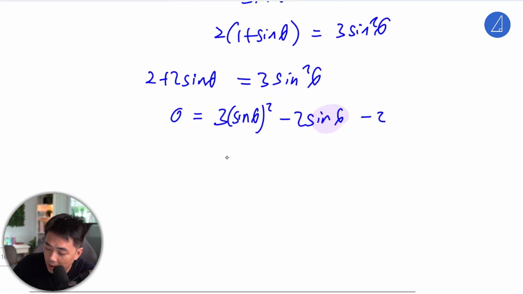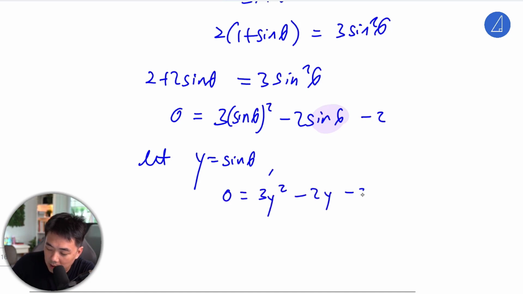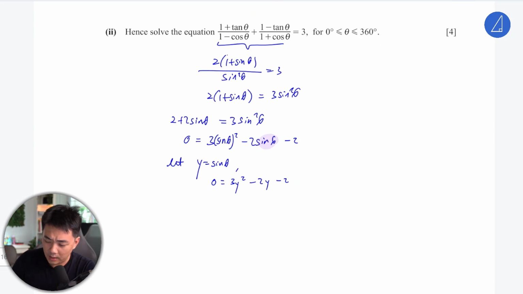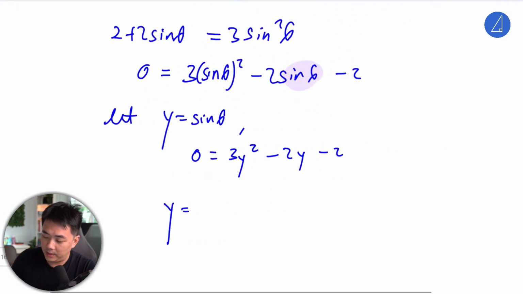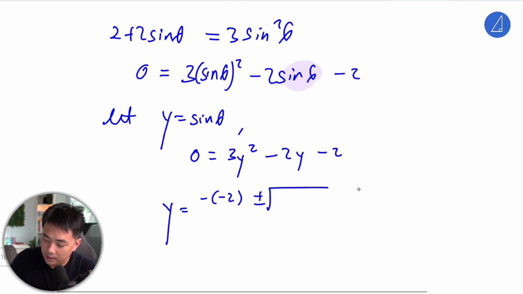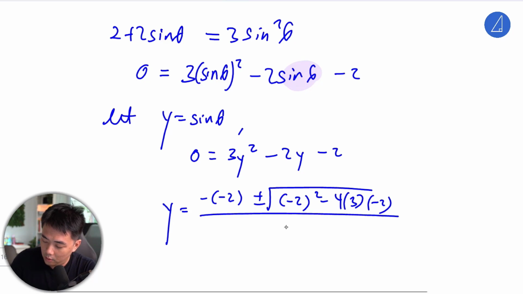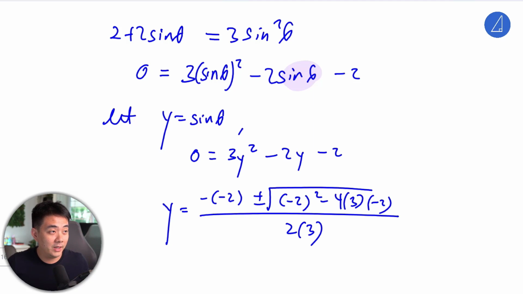Or if not, sine theta is equals to minus b plus minus square root of b squared minus 4ac, or otherwise you just let y equals to sine theta. Then you know that 0 equals to 3y squared minus 2y minus 2. Then y is equals to minus b plus minus square root of b squared minus 4ac over 2a. Then you just copy the answer from the calculator.